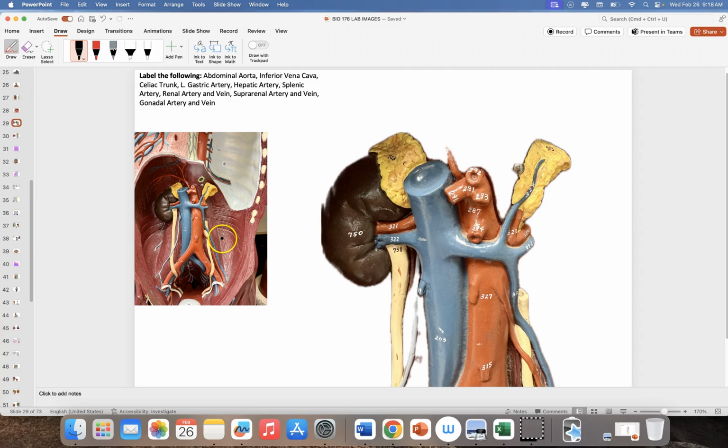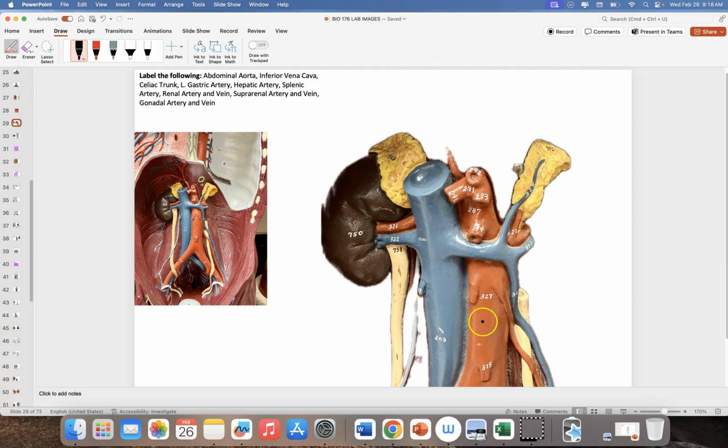And in order for us to get a really good view, I took just this piece right here with the vessels and some of the pertinent organs, and I blew it up for us to make it easier for labeling.